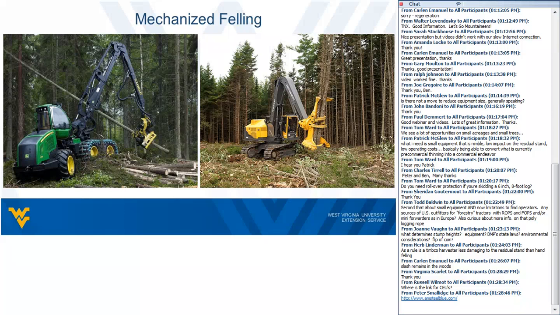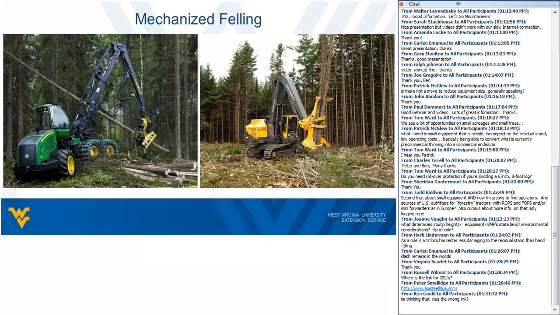The key factor there is that whenever you have a mechanized piece of equipment out there, that's another vehicle traveling through the woods. A lot of our damage comes from wheel rub or track rub against trees. Again, the less dense the stand is, the easier it is to avoid those trees.